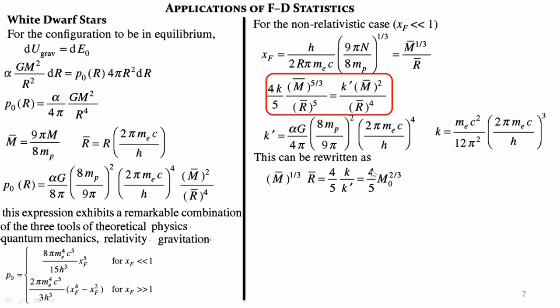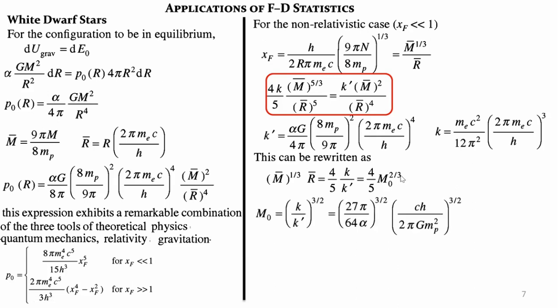Here you put the values of k dash and k, take their ratio, and you can obtain some number here, m naught raised to the power 2 by 3, where m naught is nothing but k over k dash to the power 3 by 2.